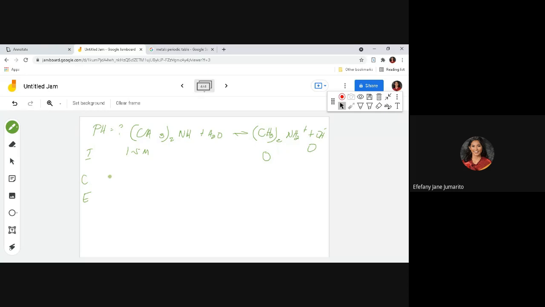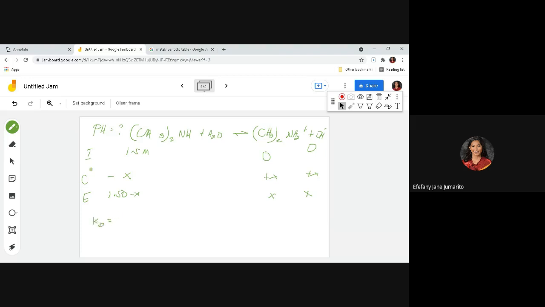For the change, we have negative x, then positive x, then positive x. At equilibrium, 1.5 minus x, x, and x.